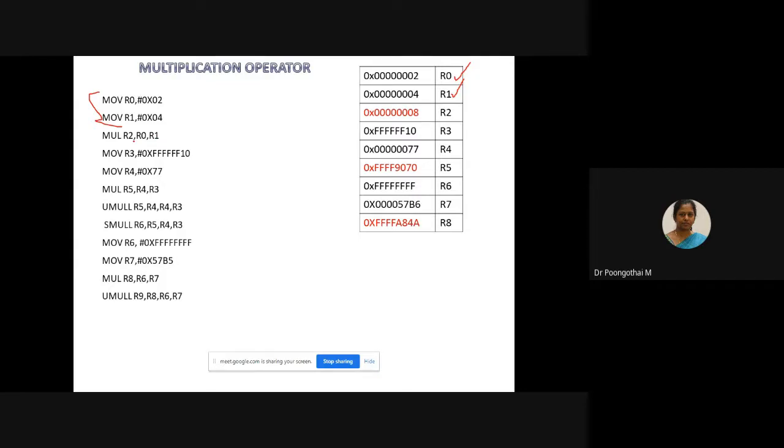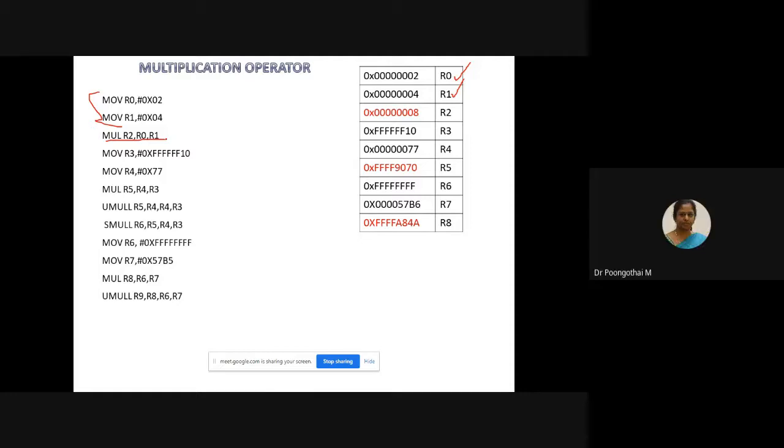Even if the result exceeds 32 bits, it will return only your lower-order result, that is the LSB result alone. The remaining 32 bits will be discarded. So that is the operation of this MUL. Can you understand? Yes, ma'am.